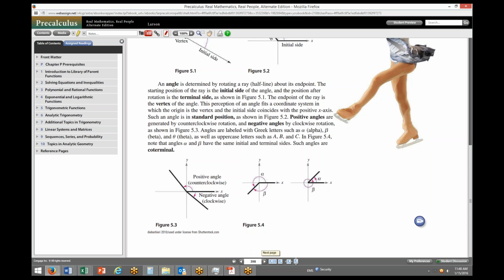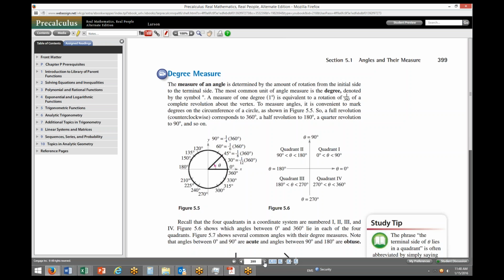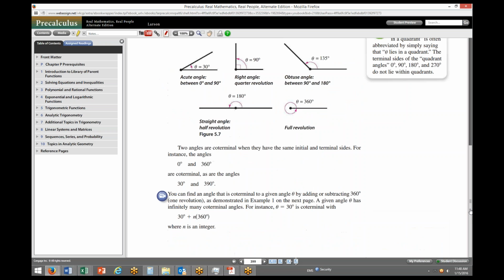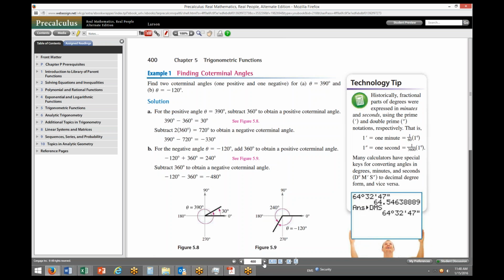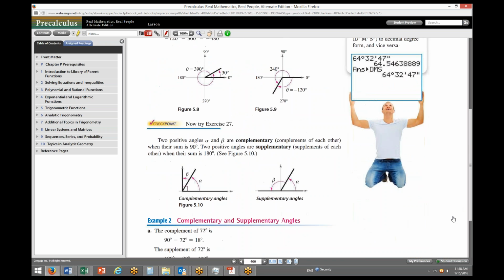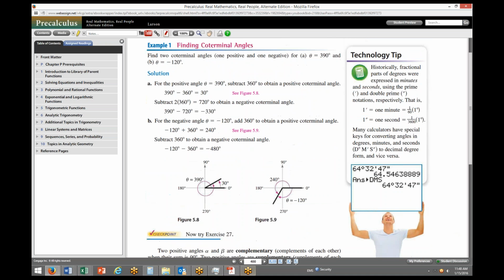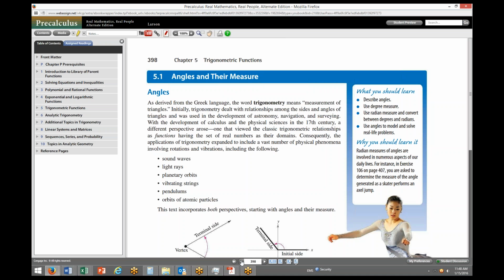So let's go on to the next page here. They don't actually have one handy right here to describe this.